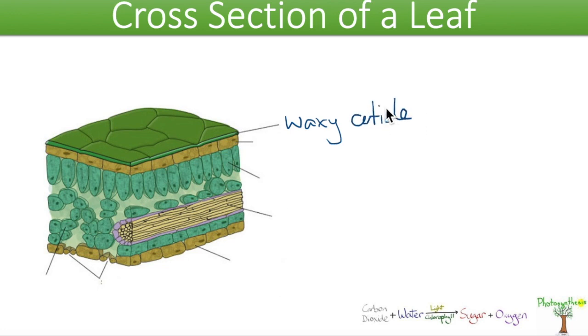And what happens here is, if you've ever felt a leaf, the top of it feels sort of not greasy but waxy, and that's because the leaf gets exposed to the rain a lot, and we don't want rain getting in there and making it soggy. So it has this layer of lipids, of wax, which just stops the water from making the cells become soggy. So we have a waxy cuticle.